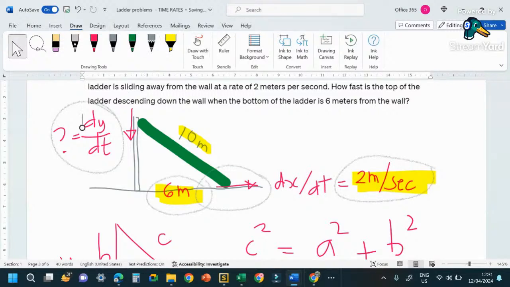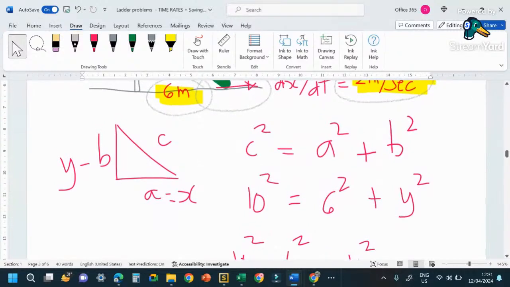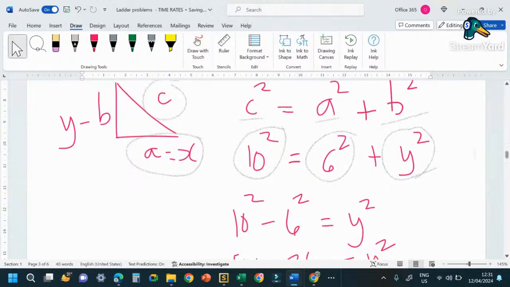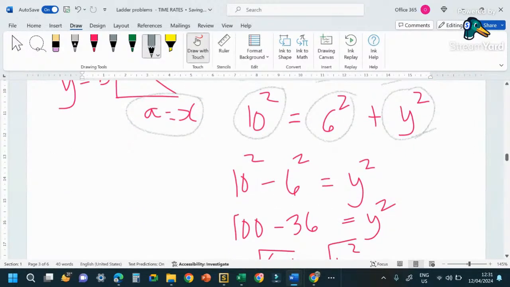Okay, so it's the same approach. We have to get the unknowns in our right triangle. So we have c squared is equal to a squared plus b squared. Our c squared here is the length of the ladder, so 10 meters squared. A, which is the bottom bit, is 6. And y is the unknown again. We have the same pattern all the time in ladder questions.